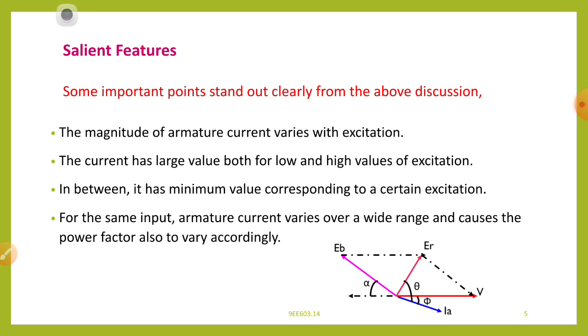As we know, power input is equal to root 3 VL IL cos phi. For the same motor, root 3 is a constant and the applied voltage is a constant. The changing factor is IL cos phi.